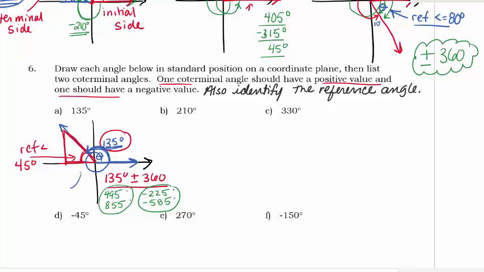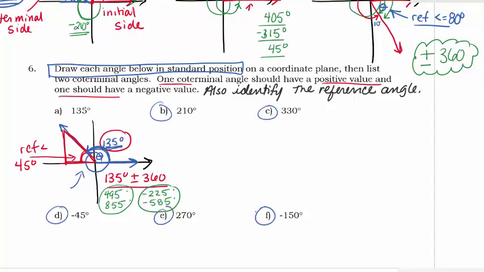So you can kind of see with the spirals how many times you've rotated around the axis. So make sure you're drawing your pictures accurately, because that's what it means to draw each angle below in standard position. All right, I want you with your group, if you want, to work on the other problems. So go ahead and do B, C, D, E, and F, and I'll post the answers so you can see those.